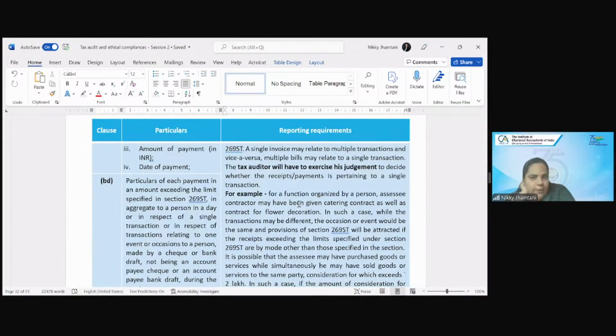Multiple bills may relate to a single transaction. The tax auditor will have to exercise his judgment to decide whether the receipt is pertaining to a single transaction. तो उसको अपना judgment exercise करना है, उसको case to case basis पे चीज़ determine करनी है.